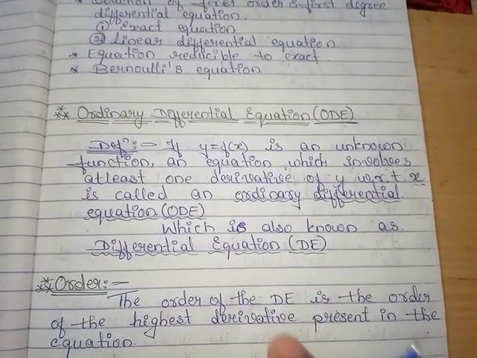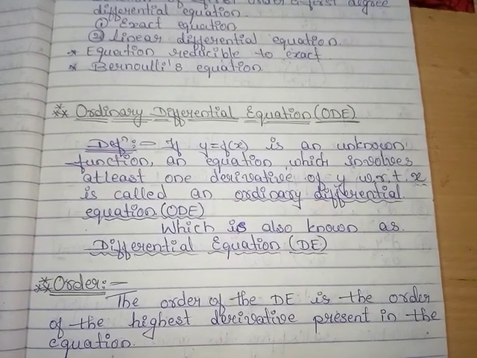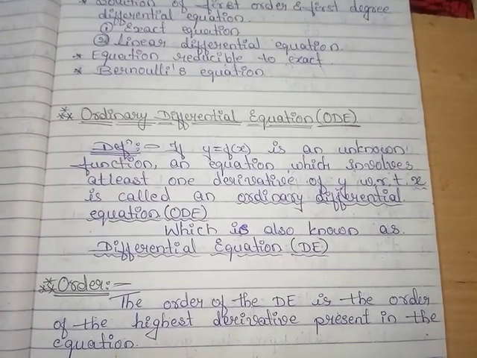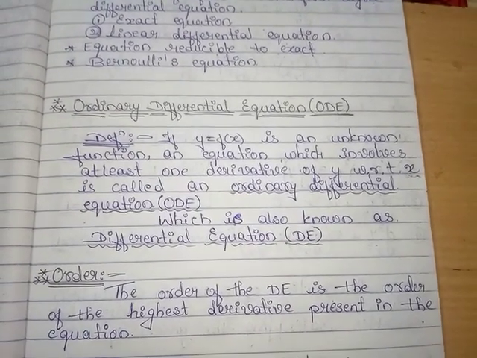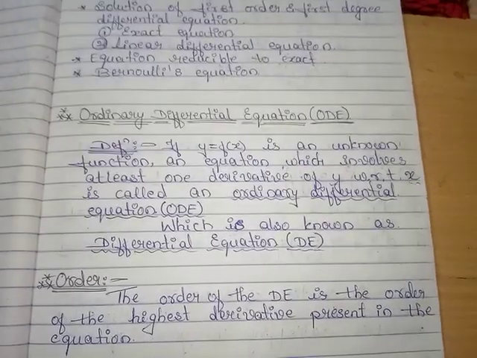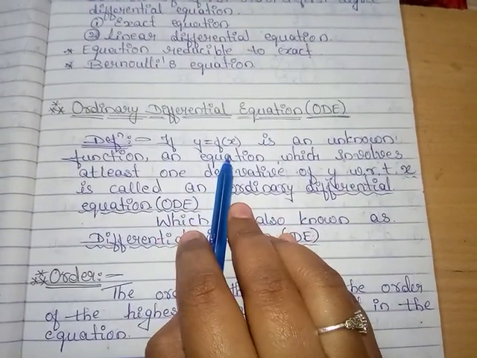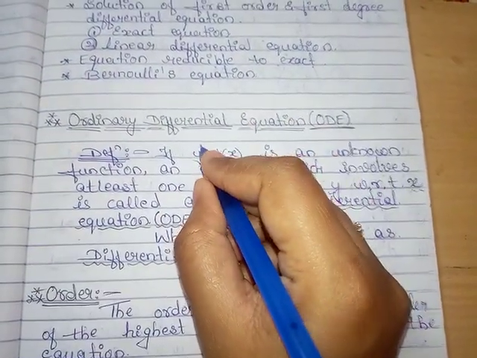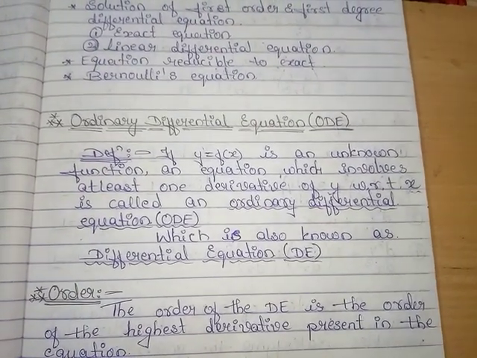The equation involves at least one derivative, and that derivative is the derivative of y with respect to x. See, y is equal to f of x is a function, not an equation. If it involves y dash, that is dy by dx, then it is called an ordinary differential equation.